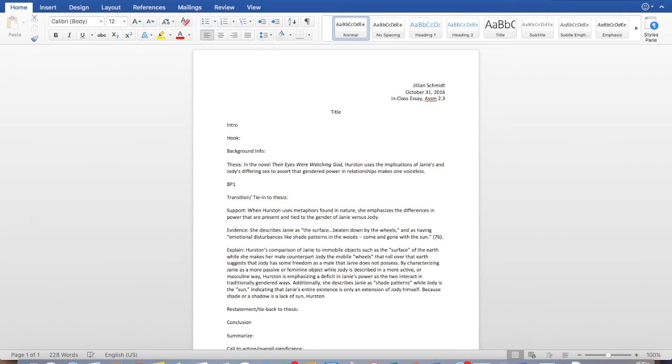Hurston suggests that there is, again, a lack of power or substance to Janie that is directly opposed by Jody's power and authority.